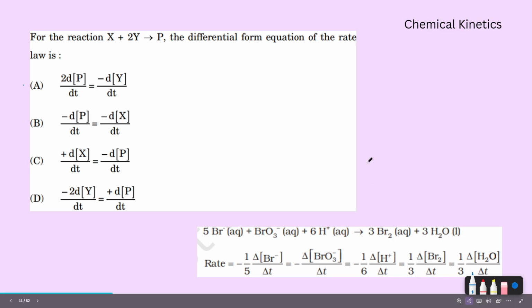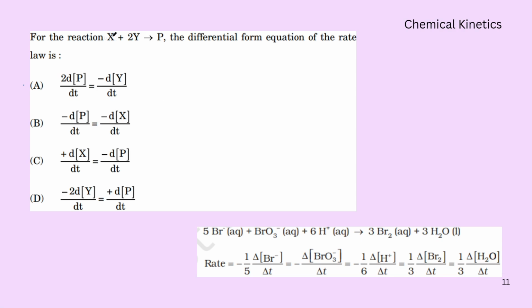So based on that, for this particular equation, the rate is going to be equal to minus 1 by 1, because the coefficient is 1 for X, d concentration of X divided by dt.